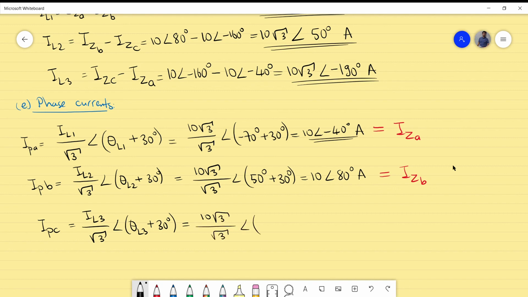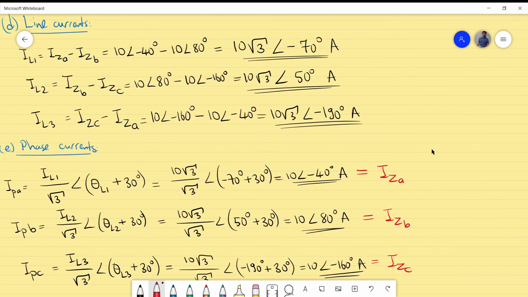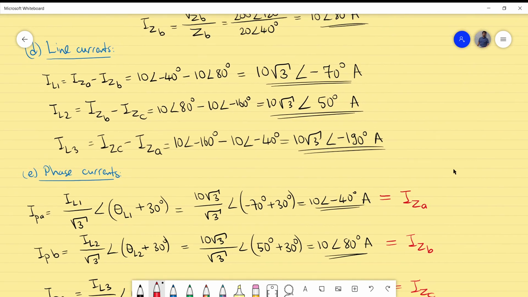Phase, what we had was minus 190 plus 30 degrees will be 10 phase minus 160. And again, what you observe is this was also IZ of C. So we have exactly the same expressions for the load currents and for the phase currents. So the phase currents for this configuration, delta source, delta load, will be exactly equal to each other.